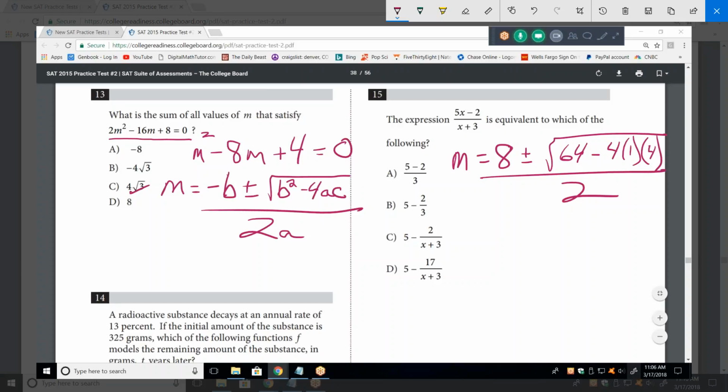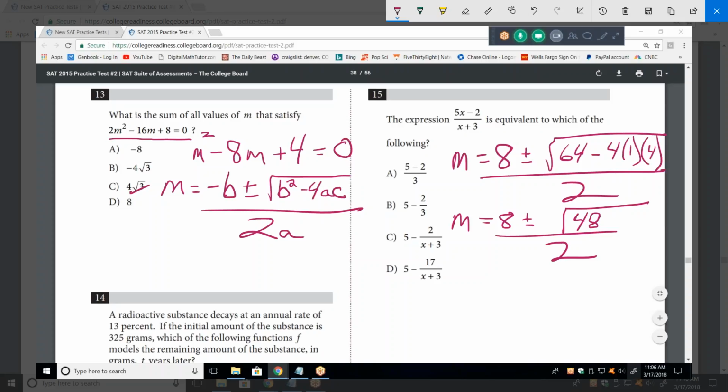Now, if we simplify this, we get 8 plus or minus the square root of 64 minus 16, which is 48, over 2.